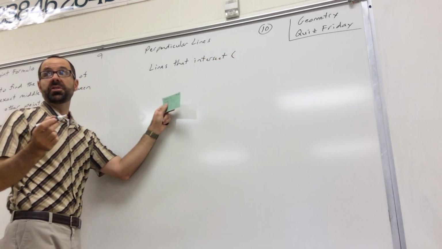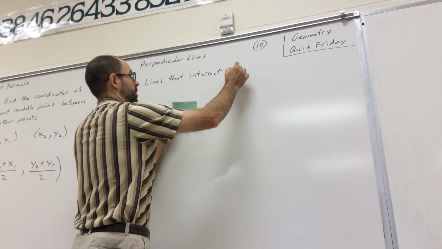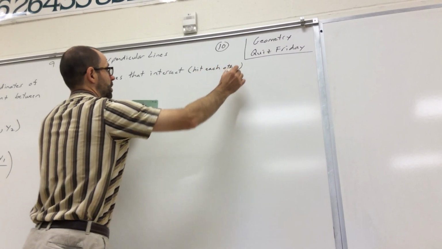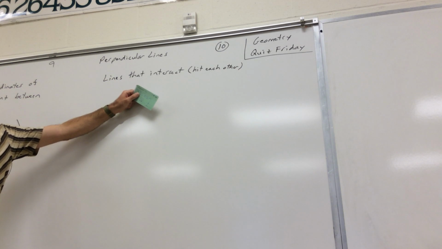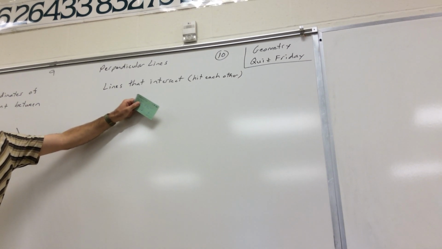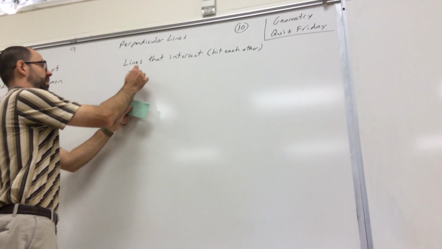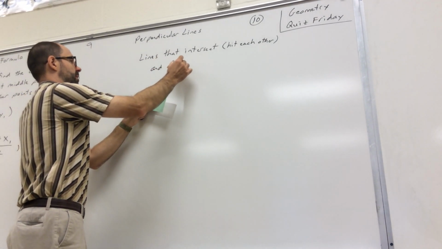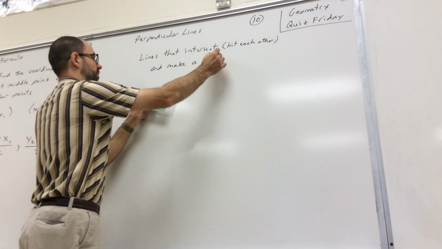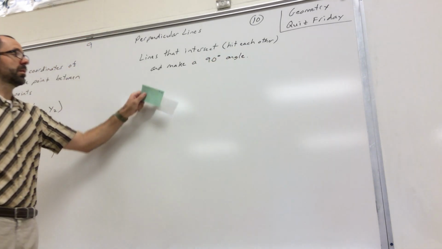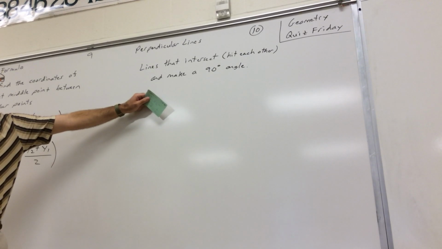In other words, they hit each other. Lines that intersect at a 90-degree angle and make a 90-degree angle. Perpendicular lines are lines that intersect and make a 90-degree angle.